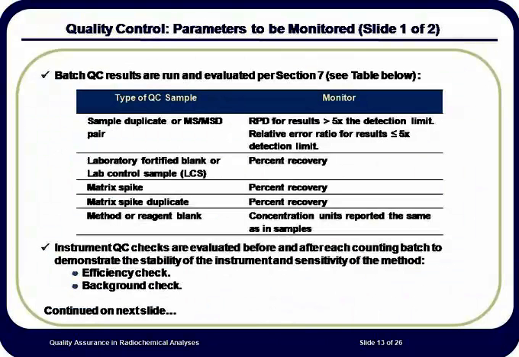The parameters that identify whether or not the control samples meet predetermined acceptance criteria are shown here. The certification manual gives the values for these acceptance criteria. Instrument quality control checks, instrument background and efficiency are performed prior to and succeeding each batch of samples.